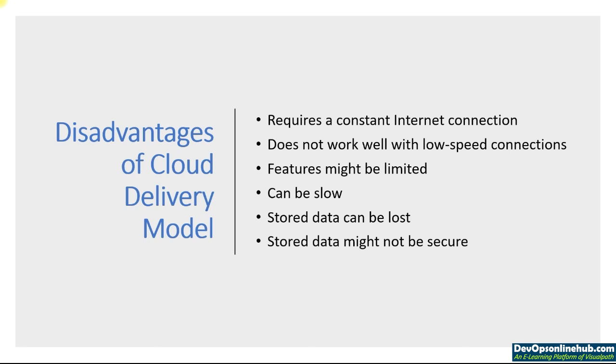Feature sets are always limited compared to the on-premise system, because here we have to remember that we are bringing up a cloud infrastructure to create scalable and fault-tolerant applications.